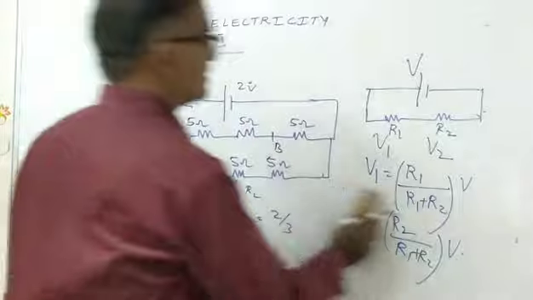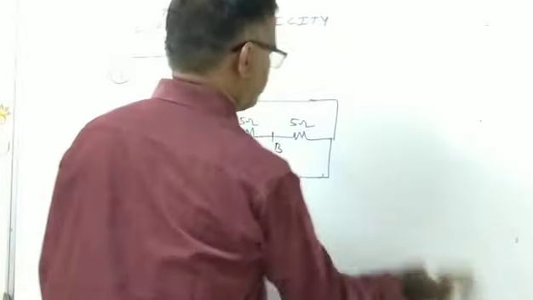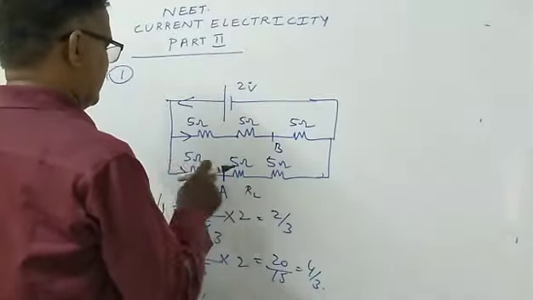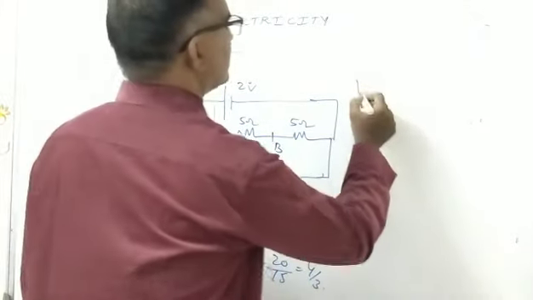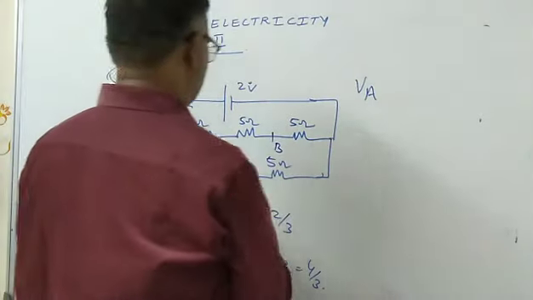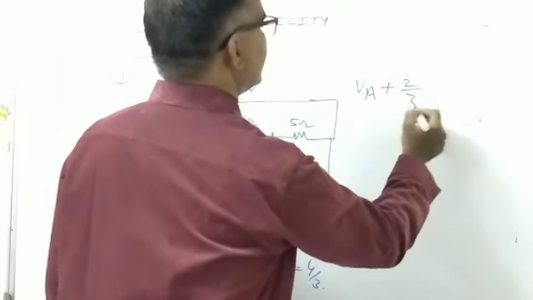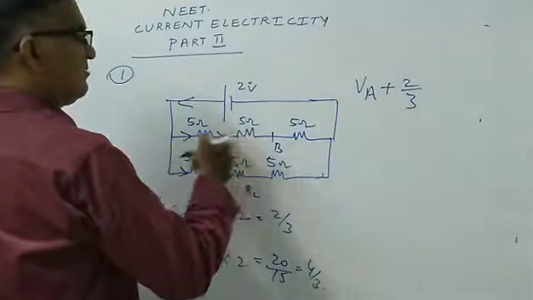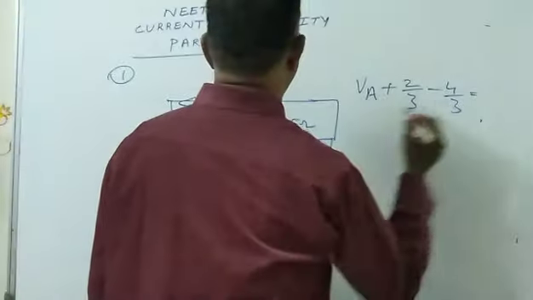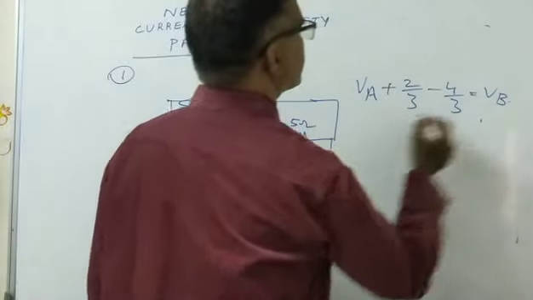Now here if you use Kirchhoff laws, it is going opposite, you are going in the opposite direction of the current. So here what you should take, VA plus 2 by 3 volts. Here in the direction of current the potential will be negative, minus 4 by 3 is equal to VB.